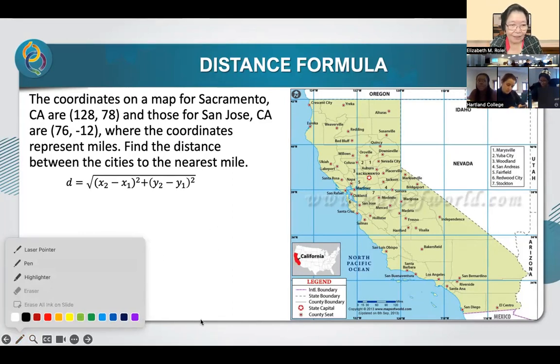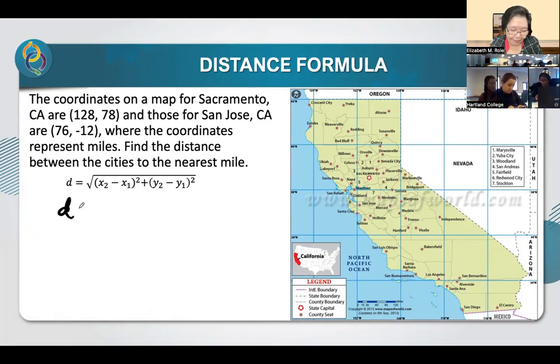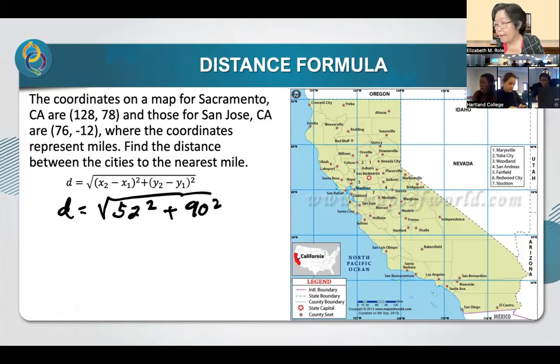So we now have d equal to the square root of 52 squared plus 90 squared. And 52 squared is 2,704, all right.